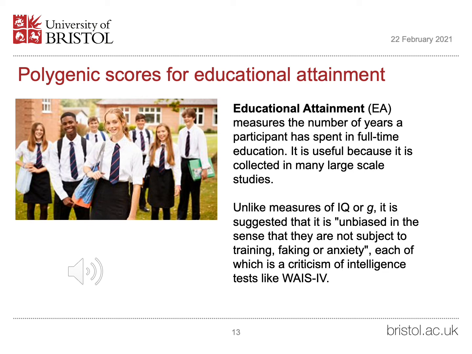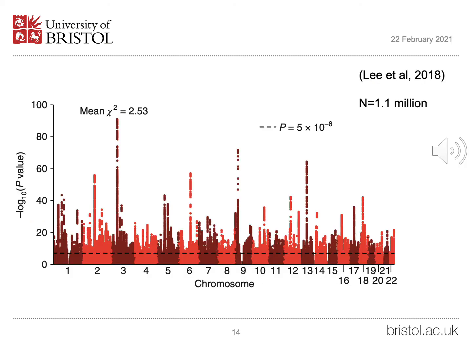Unlike measures of intelligence like IQ or G, it has been suggested that it is unbiased in the sense that they are not subject to training, faking or anxiety, each of which is a criticism of intelligence tests like WAIS-4, which estimates G. This is a Manhattan plot for a GWAS study of 1.1 million people for educational attainment.